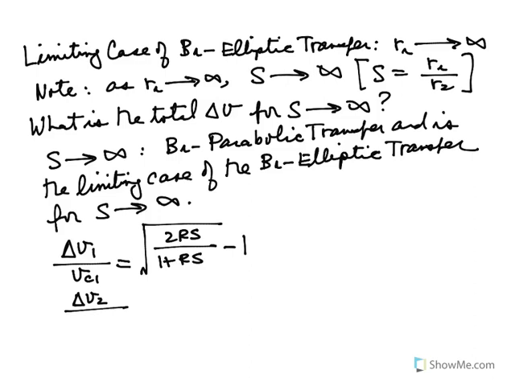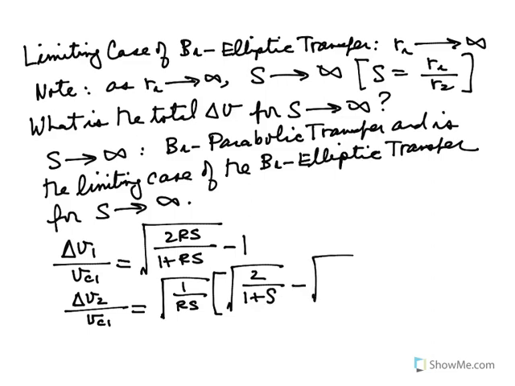Delta V2 divided by VC1 is equal to the square root of 1 over RS times the square root of 2 over 1 plus S, minus the square root of 2 over 1 plus RS.